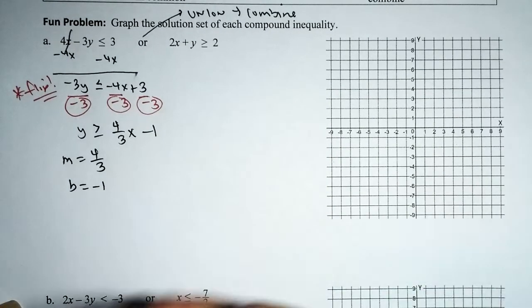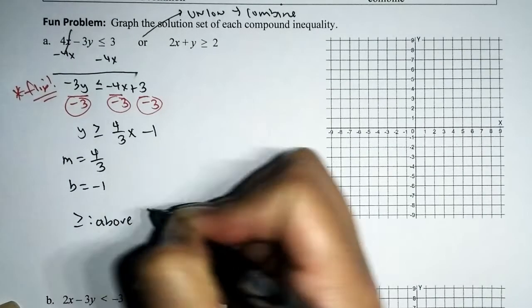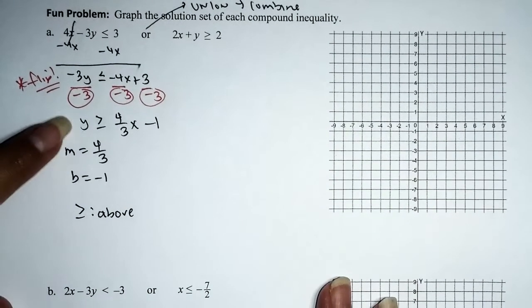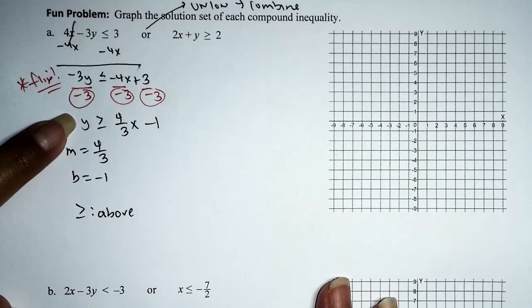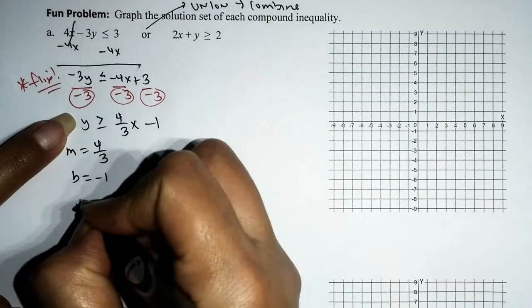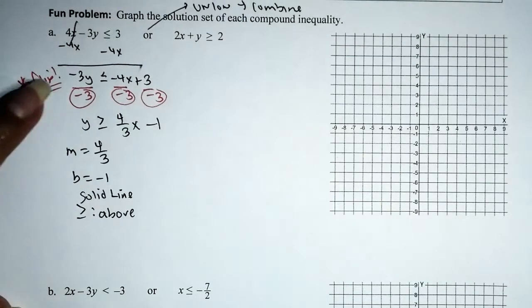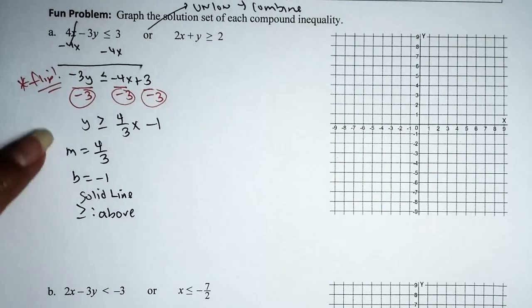Because we have "is greater than," we're going to shade above. But then I forgot, once we do the boundary line, can we actually graph it? And the answer is yes, because we have the equal to part. So I'm going to say solid line. Sorry.